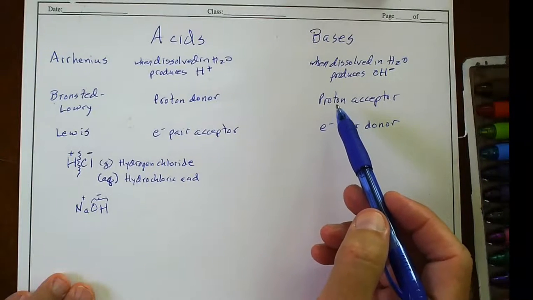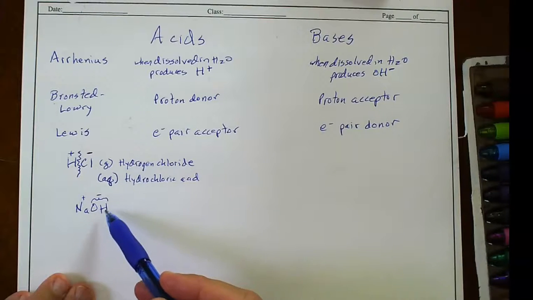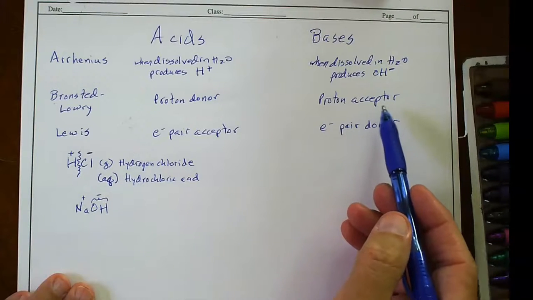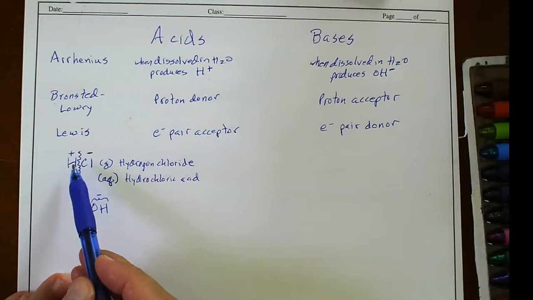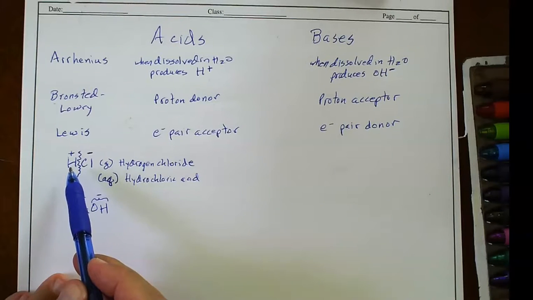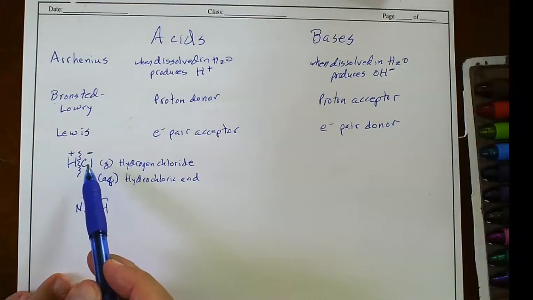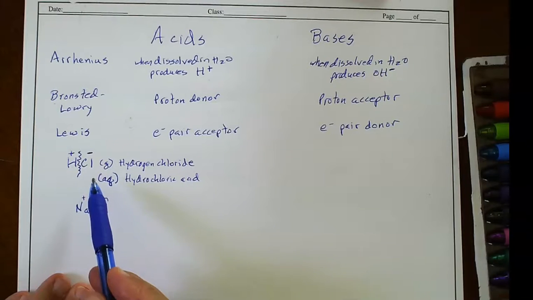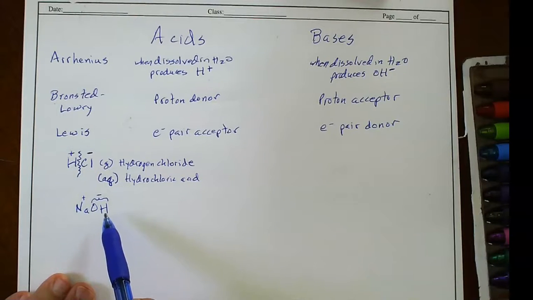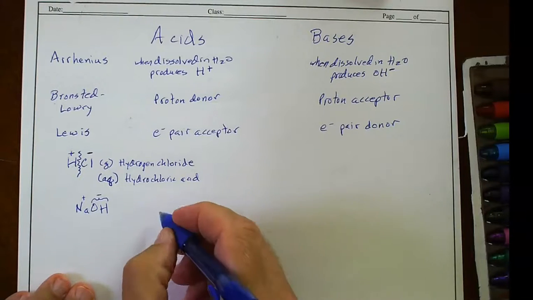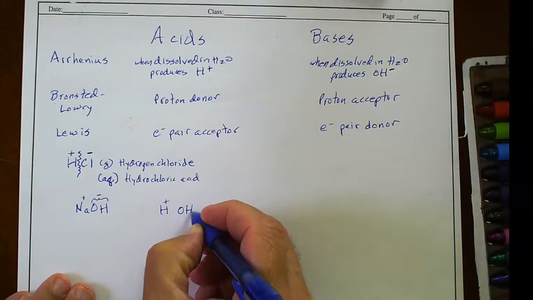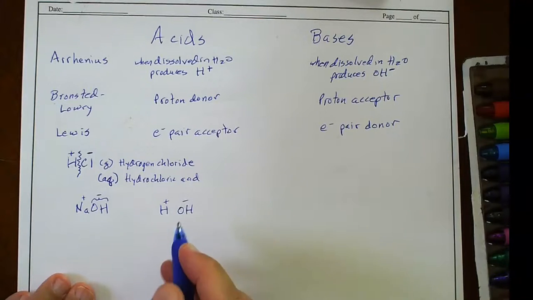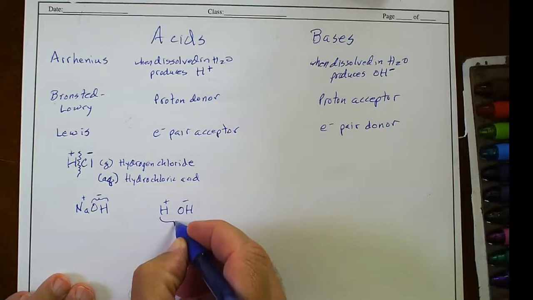Now, from the Bronsted-Lowry perspective, the hydroxide would gladly accept a proton. In other words, this hydrogen ion, this proton, coming from hydrogen chloride or hydrochloric acid, could join up with this hydroxide. So if we take a positive hydrogen and a negative hydroxide and put them together, what do we get?